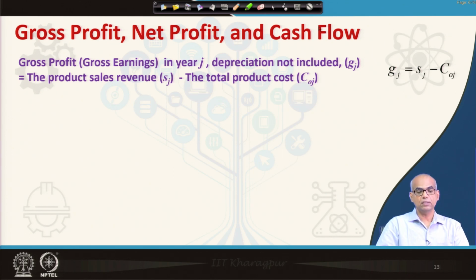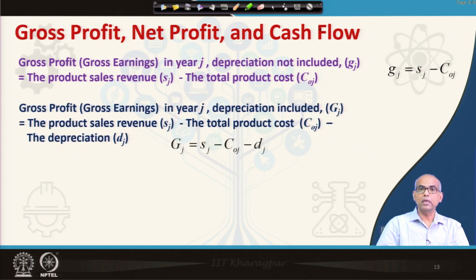Now, let us define three terms: gross profit, net profit and cash flow. Gross profit, also known as gross earning. Gross profit in year J, depreciation not included, is defined as the difference between the product sales revenue and the total product cost. So, gross profit or gross earning is equal to the product sales revenue minus the total product cost.